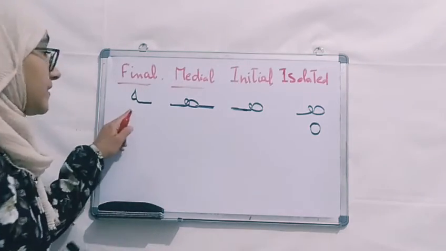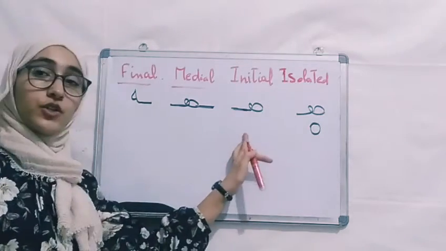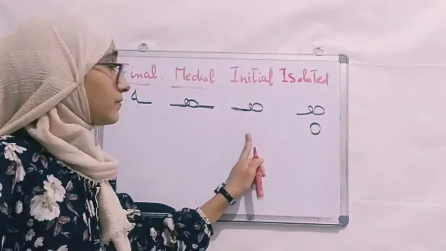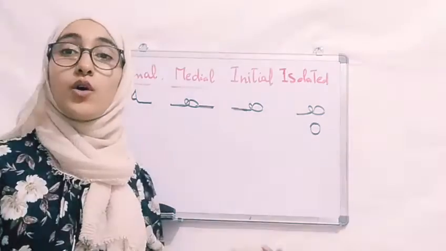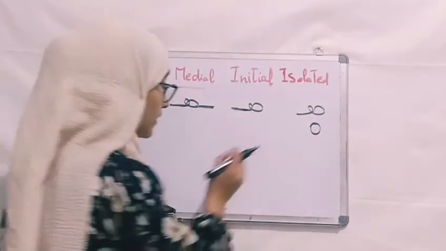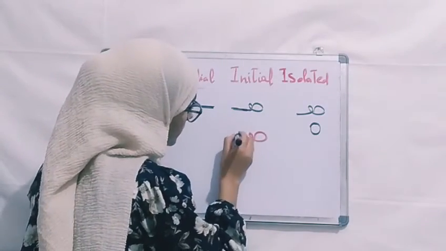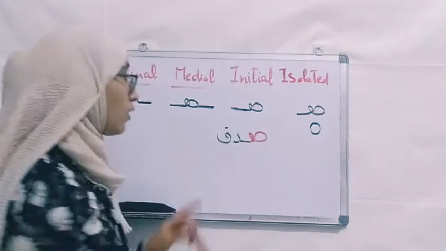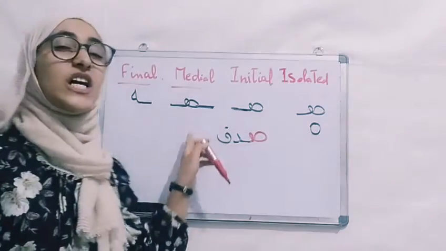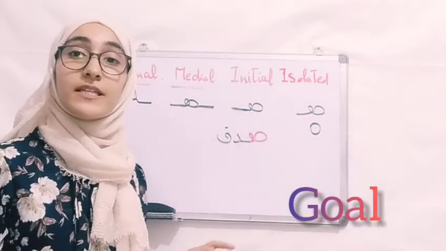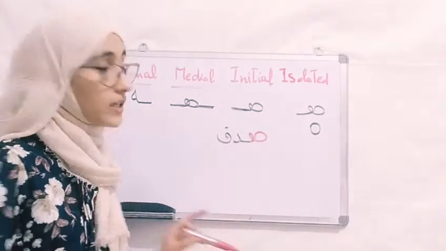And in the final form it changes, like this. So in initial form, for example, we have هدف, which means goal. In the middle form, شهر means month.